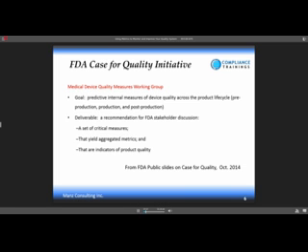So as I mentioned, CDRH is doing a lot of work in terms of metrics, and they're working on their Case for Quality initiative. And a part of that includes a working group focused on medical device quality measures. Their goal is to create predictive internal measures of device quality across the product lifecycle.